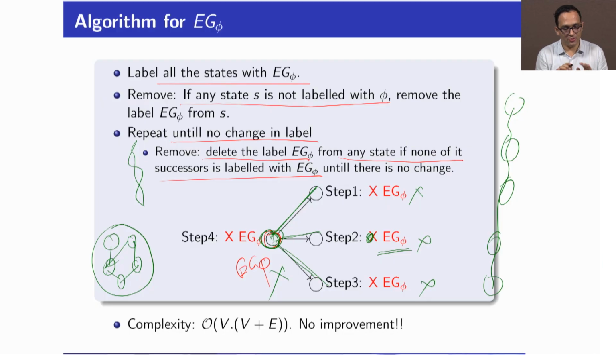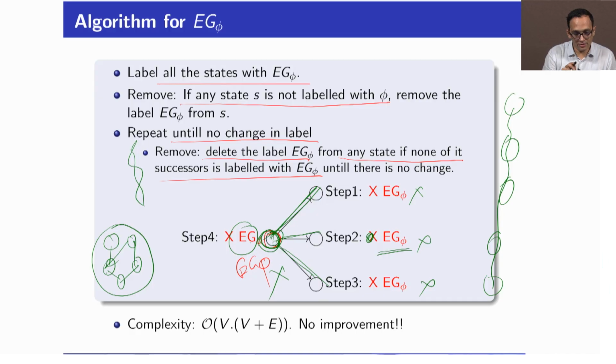So, this is the overall algorithm. But as I mentioned, whenever you have to check one of its successors, you cannot do backward BFS. We have already discussed this, because here you have to check the states where EG phi is not marked.